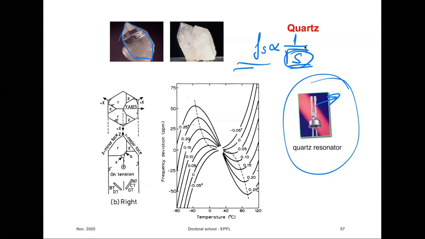So there are what are called different cuts in crystals of quartz, where elastic properties will be a sum of elastic properties along these principal crystallographic directions. Some of them will have a negative temperature coefficient and decrease with increasing temperature. Some of them would have a positive temperature coefficient, so the elastic constant would increase with increasing temperature.